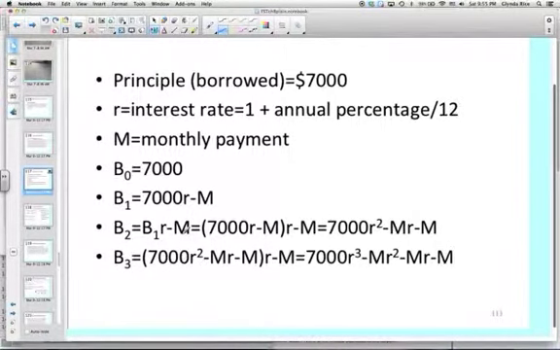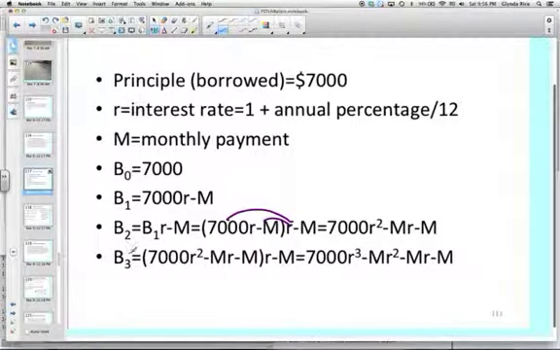They take that balance, charge interest on that for a month, subtract that monthly payment. If you simplify it out by distributing the R, then you have 7,000 R squared minus MR minus M.